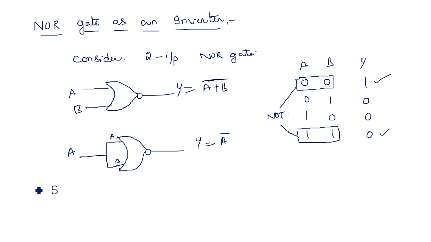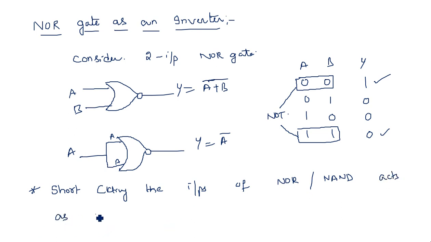So short circuiting the inputs of NOR or NAND acts as an inverter.